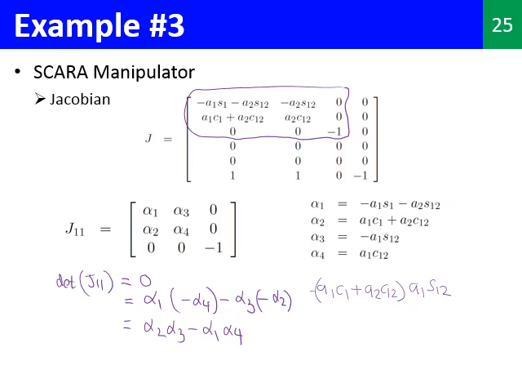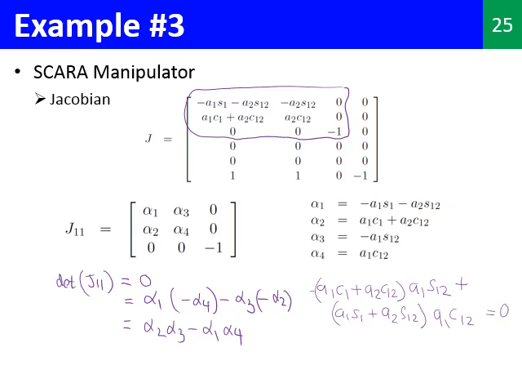And next we have minus alpha 1, so that should be (A1 S1 plus A2 S12) times alpha 4, which is equal to A1 C12. So this is equal to 0.